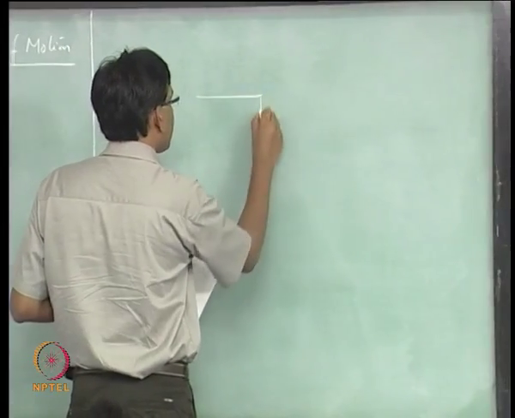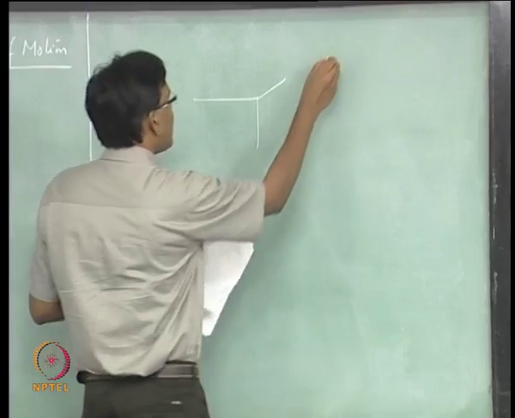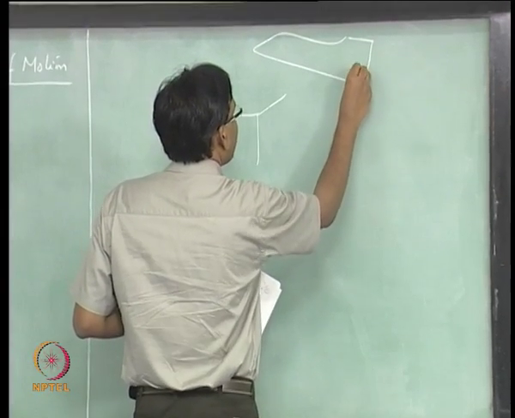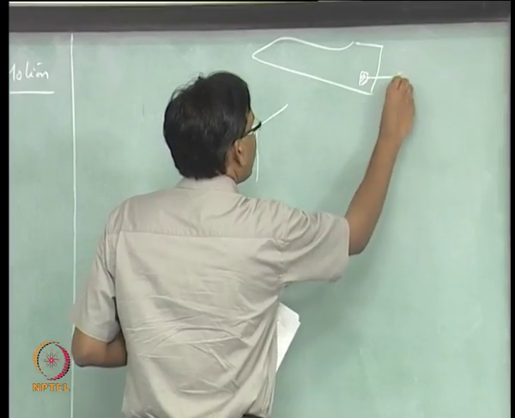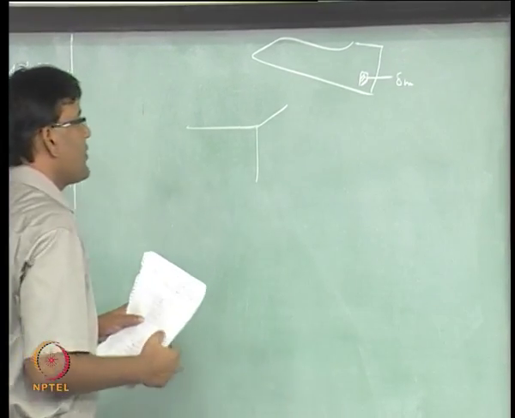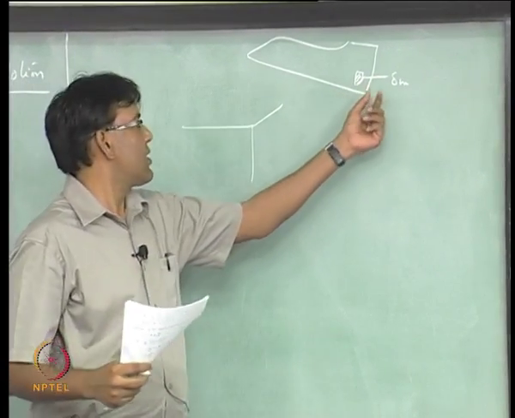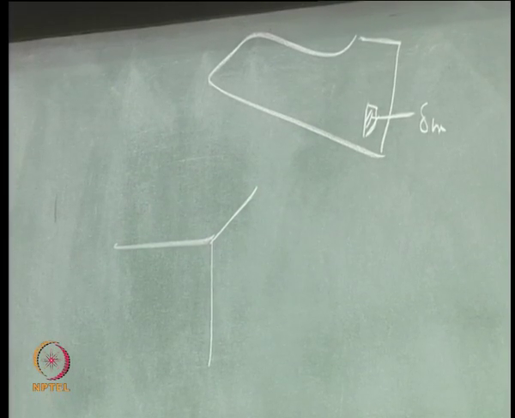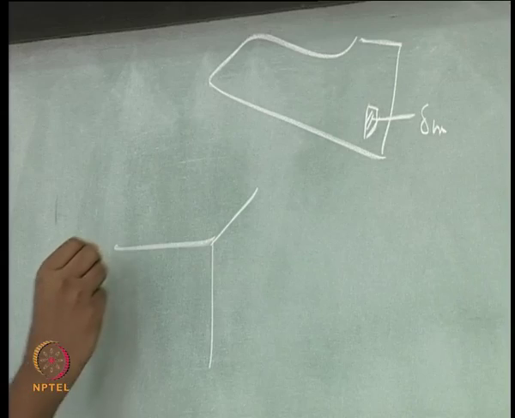So, we are first writing the equation of motion for this elemental mass and then integrating it for the whole body.